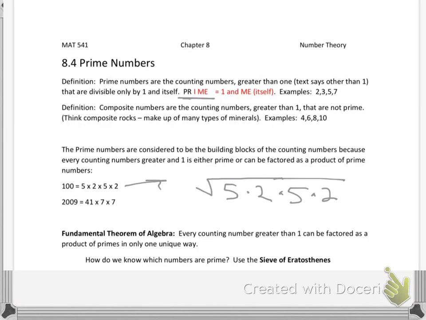And in terms of simplifying a radical, you would identify pairs. The pairs come out as single digits. So 5 and 5 come out of the radical as 5, and 2 times 2 comes out of the radical as 2.